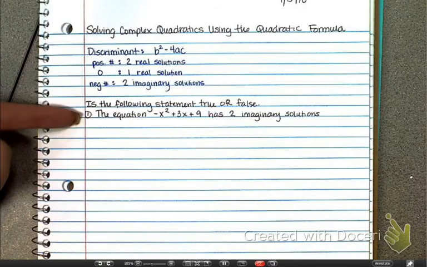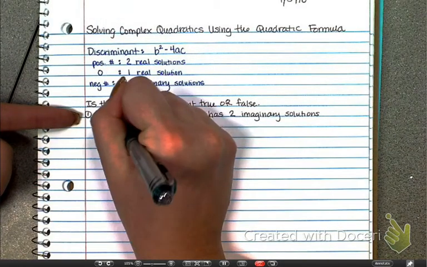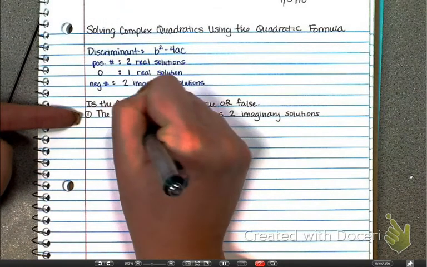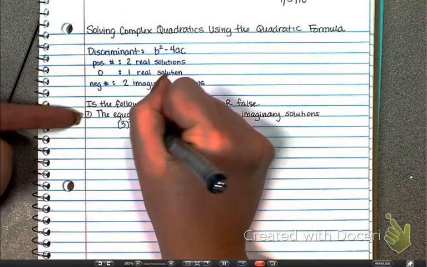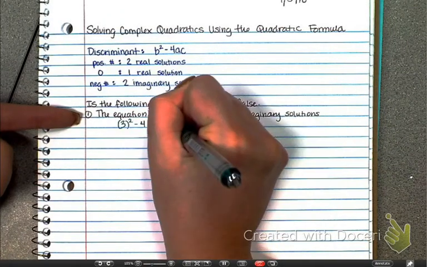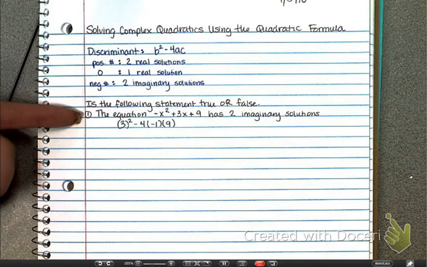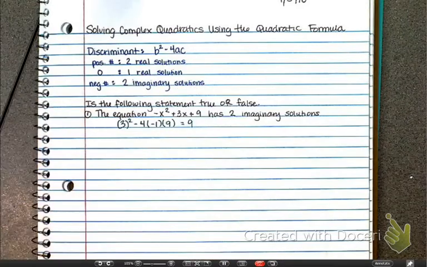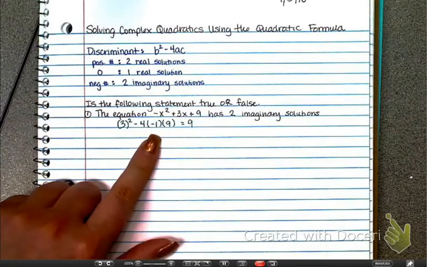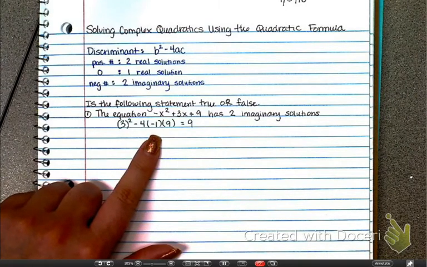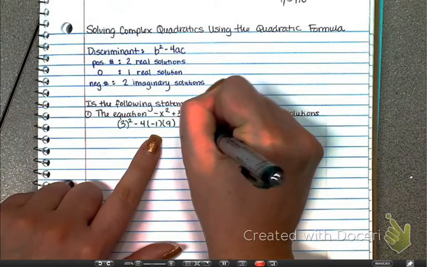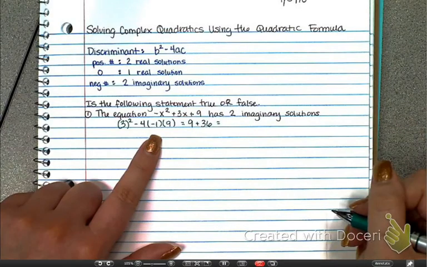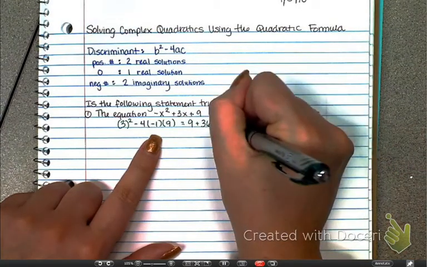What is b? 3, so 3 squared minus 4 times a times c. Three squared is 9. Negative 4 times negative 1 is positive 4. 4 times 9, 36. 9 plus 36, 45.